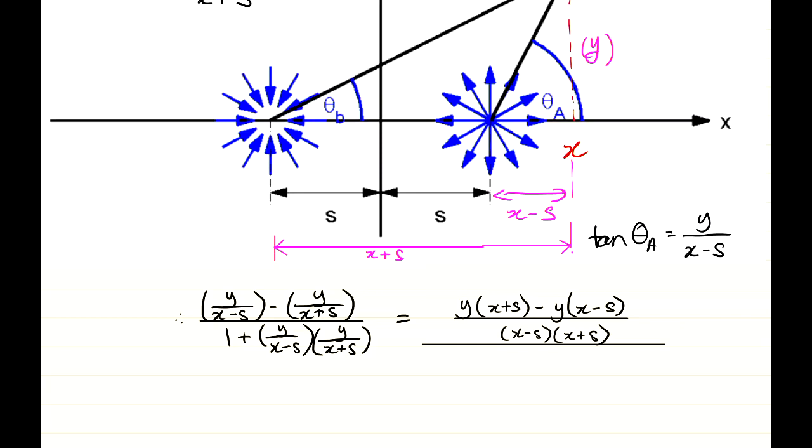And in the denominator, I'm going to get x squared minus s squared plus y squared, over x minus s, x plus s.